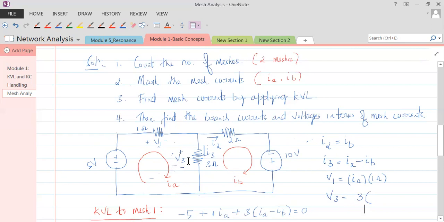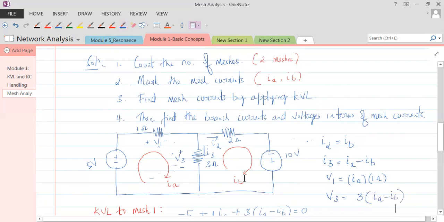So it is 3 into IA minus IB. Everybody okay with that? Why is it IA minus IB, not IB minus IA? Because IA is approaching the positive sign, so it's plus IA. IB is approaching the negative sign, so it is minus IB. So IA minus IB, the current, into the resistance gives you the voltage V3. This is how we express the branch currents and the branch voltages in terms of the mesh currents.